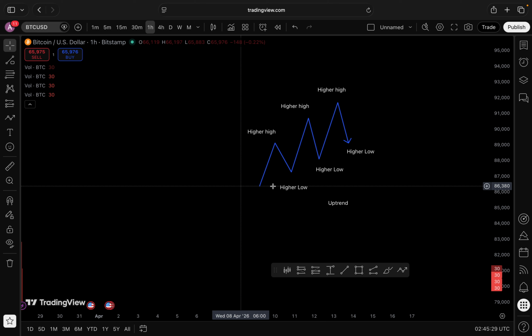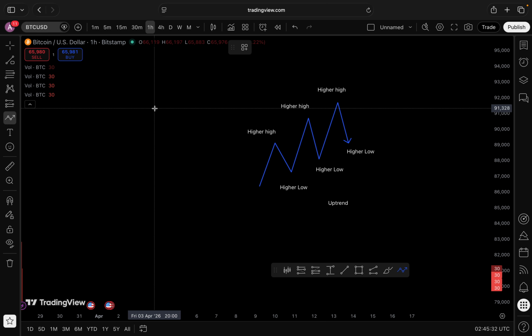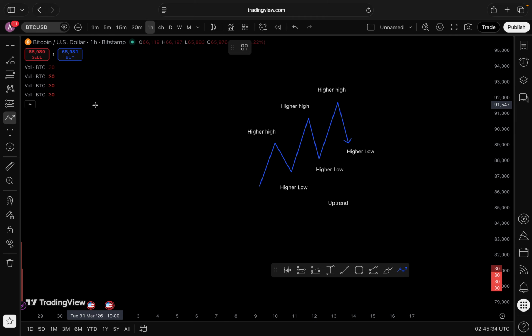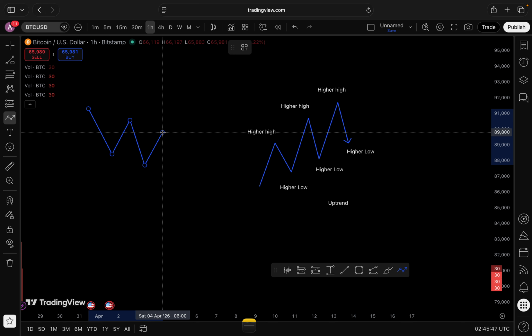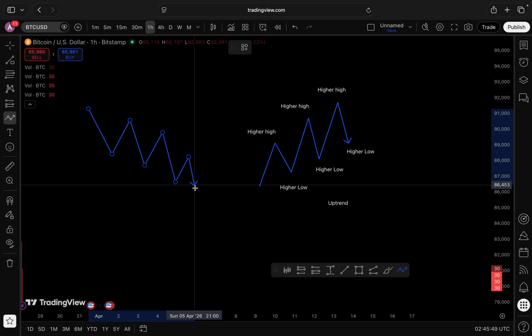This is the uptrend. Now we're going to show you a downtrend. A downtrend is the same thing as an uptrend, but reversed. It's going down instead of up. So this is a downtrend, and it creates a lower low, lower high, lower low, lower high, lower low, lower high, lower low.